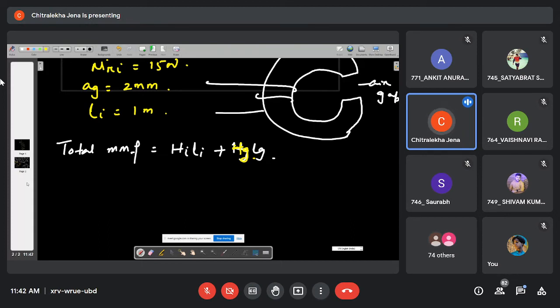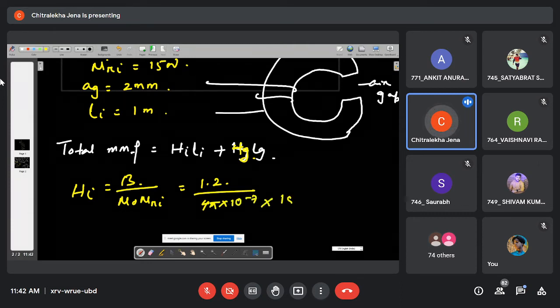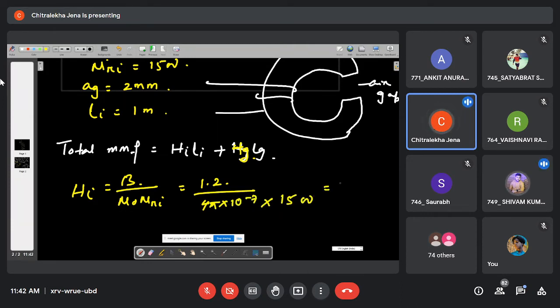First we will find out the value of HI. HI is equal to how much? Can I write B divided by mu 0 into mu R? This is 1.2 divided by 4 pi into 10 to the power of minus 7 multiplied with 1500. This will come as 637 ampere turns per meter.